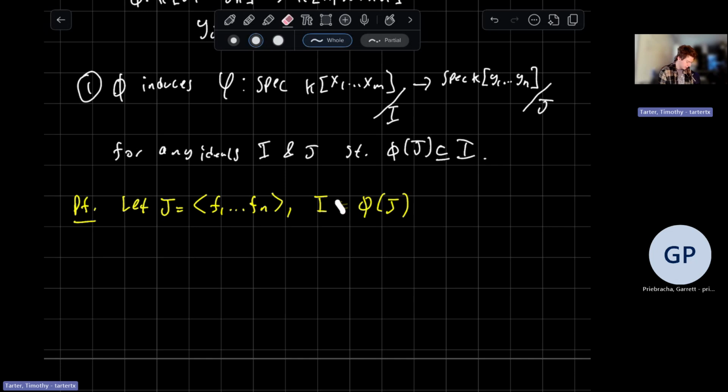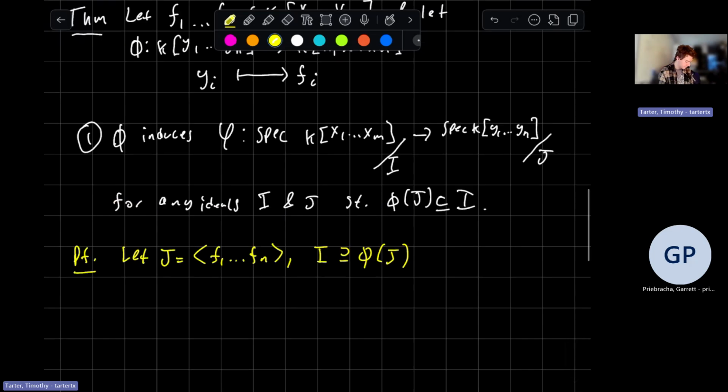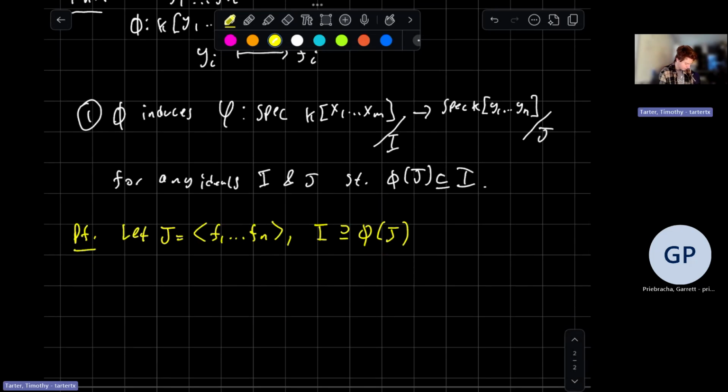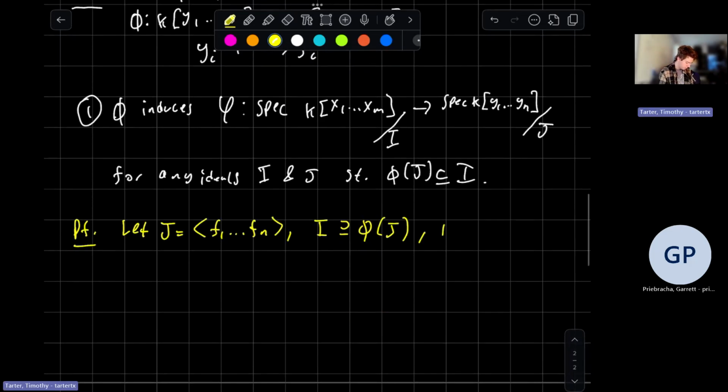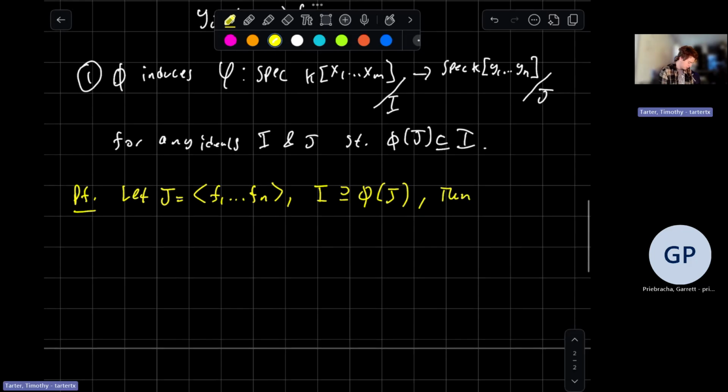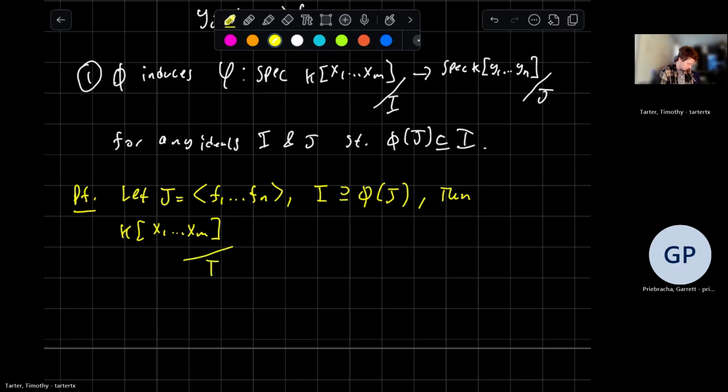It will say contains, it's fine. Then mod I is an injected map. No, it's a surjected map.